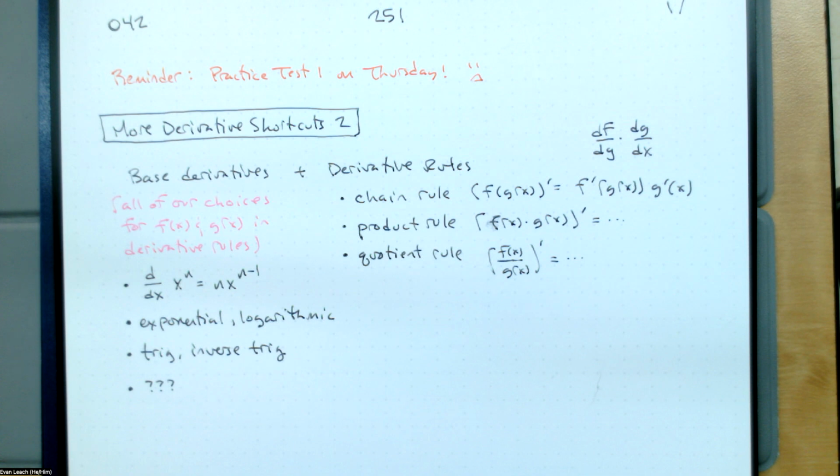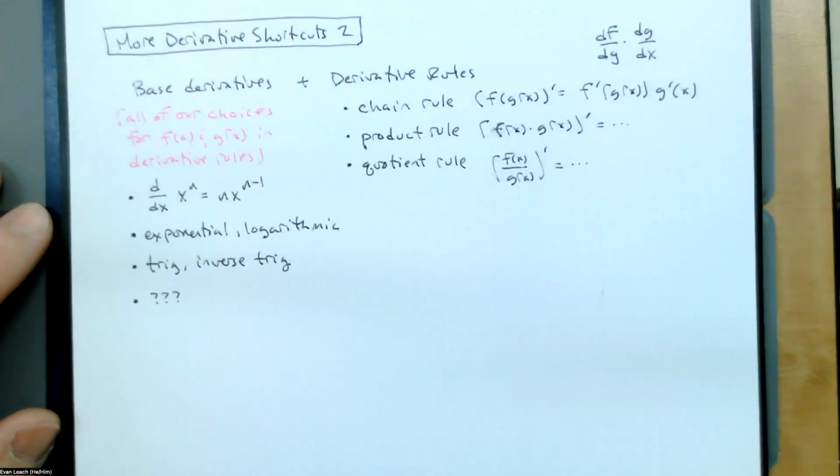So the way that this works is that we learn one of the base derivatives, and then we start combining it with other stuff, what we already know. So for example, I like to do trig functions first.